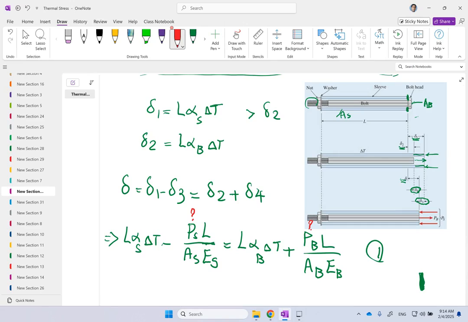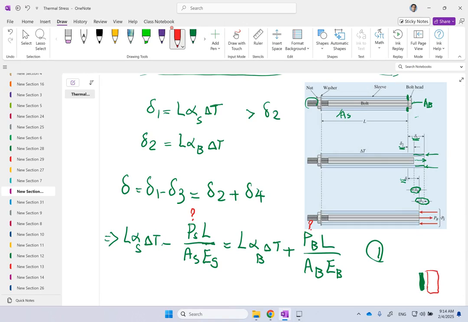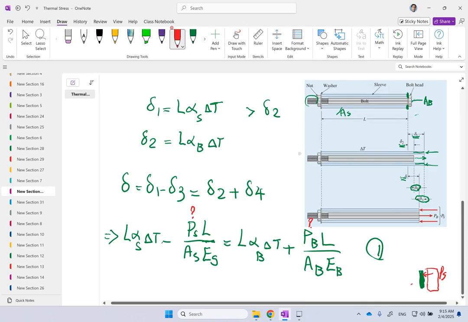And if you look, this is the head of the bolt, right? So clearly the sleeve that is right under the washer is going to be forced back. So you're going to get the force like this, which is PS, and the bolt is going to go this way, as you can see.